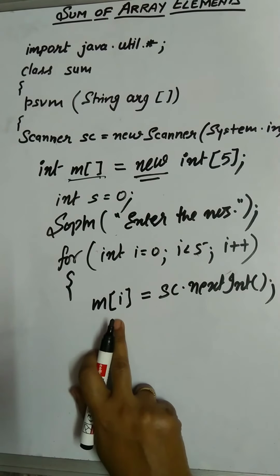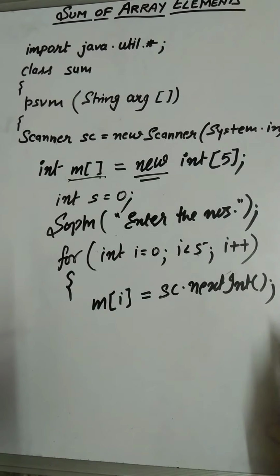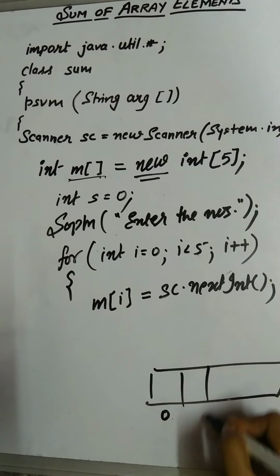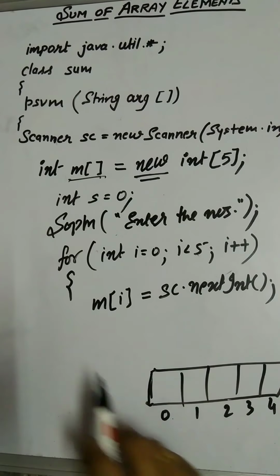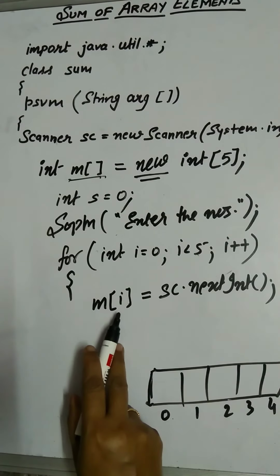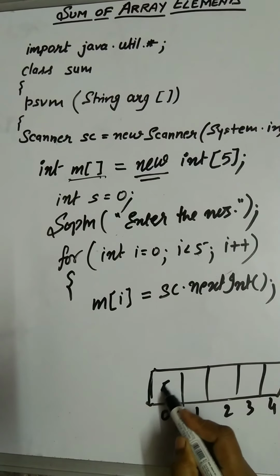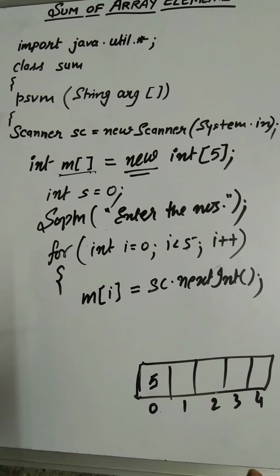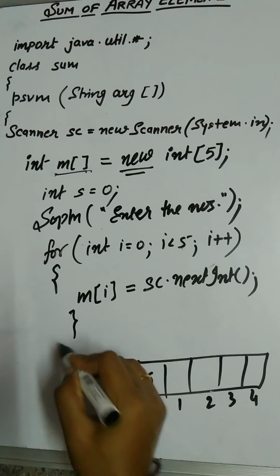According to this, the i value is 0. So first of all it takes the input at index 0. Suppose you enter 5, so the value 5 will be stored at index 0. After this, we increase the i value; here I am closing the loop.